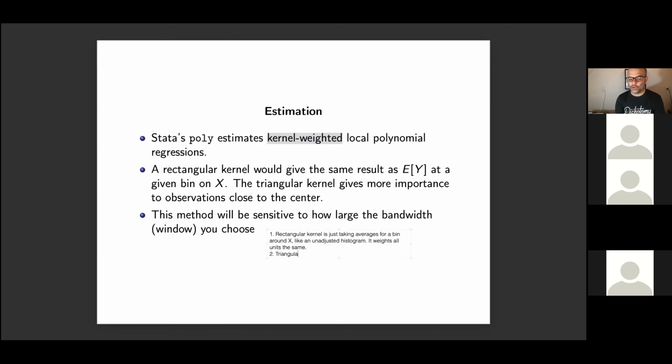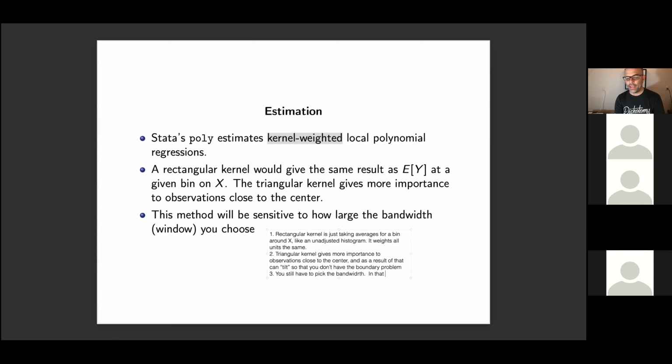Two, the triangular kernel gives more importance to observations close to the center, and as a result can tilt so that you don't have that boundary problem. And three, you still have to pick the bandwidth.